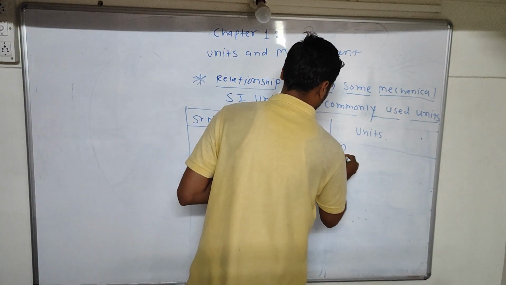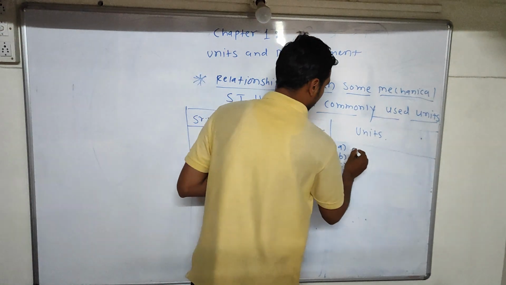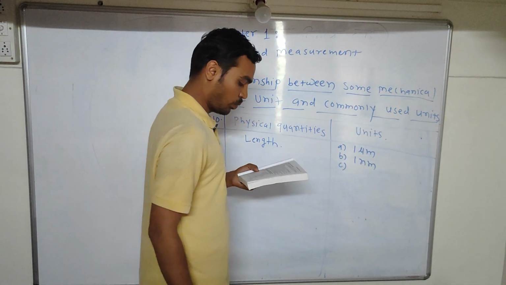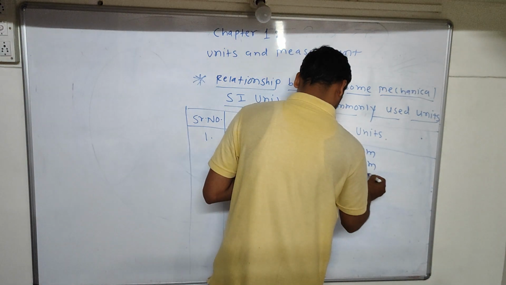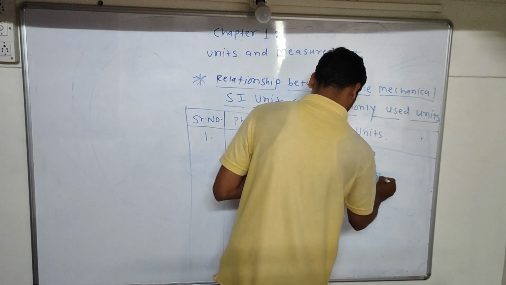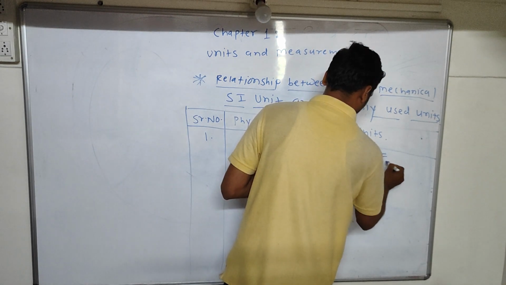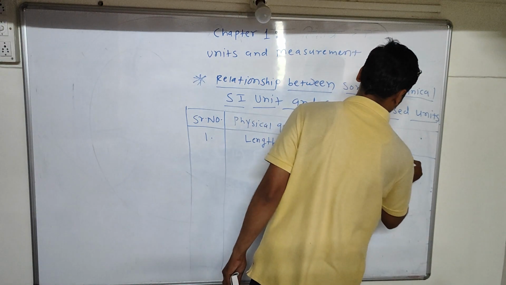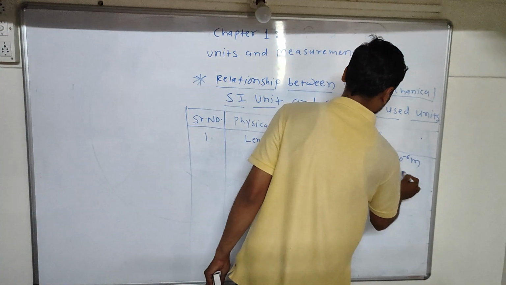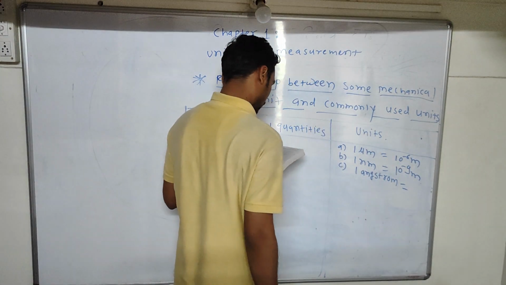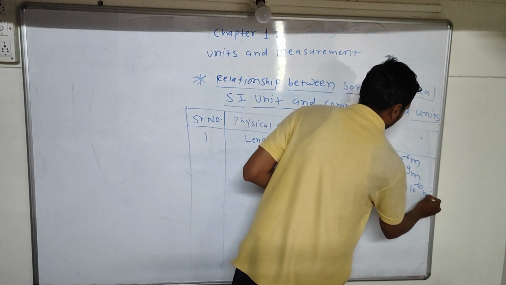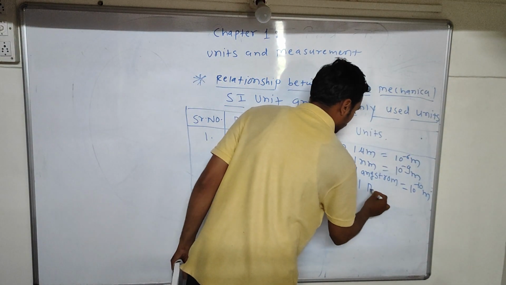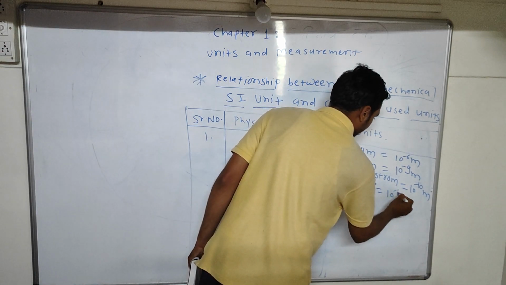We have to see one by one. 1 micrometer, then 1 nanometer, then 1 angstrom, we have to convert it into meter, right? 1 micrometer is equal to 10 raised to minus 6 meter. 1 nanometer is equal to 10 raised to minus 9 meter, and 1 angstrom is equal to 10 raised to minus 10 meter.